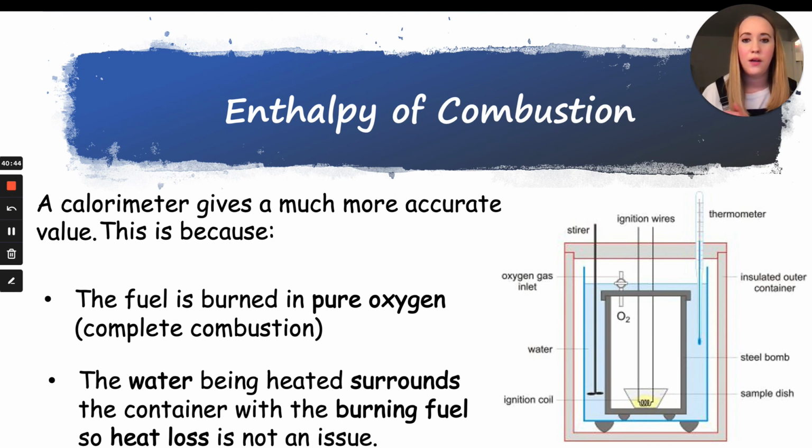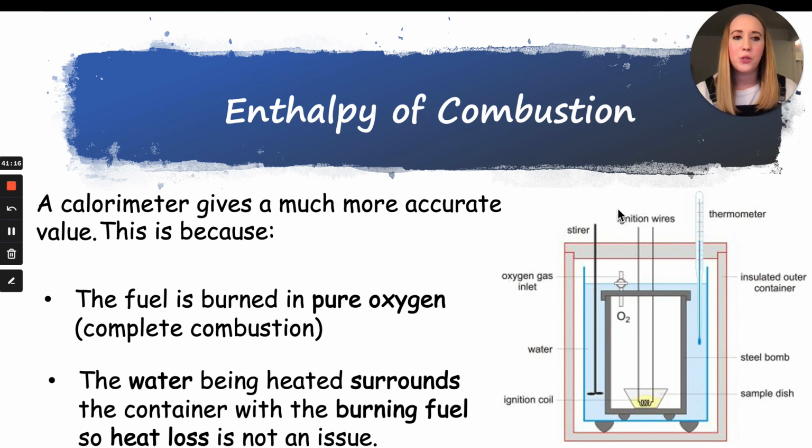So make sure you're aware of what the two setups do, the differences between them, and remember your two important points about how much oxygen there is, whether it's complete or incomplete combustion that's happening, and whether you're getting heat loss or not. Those are the two things that are really going to impact on your value for the enthalpy of combustion.